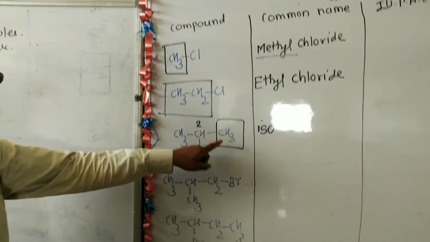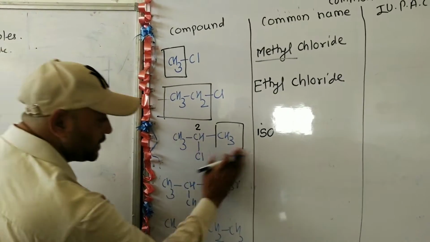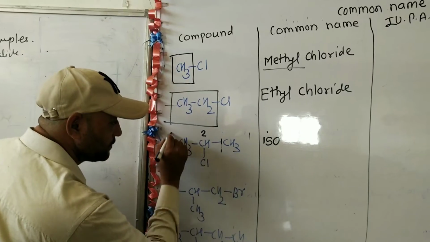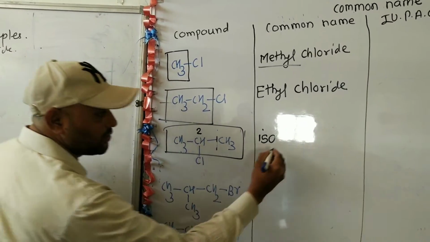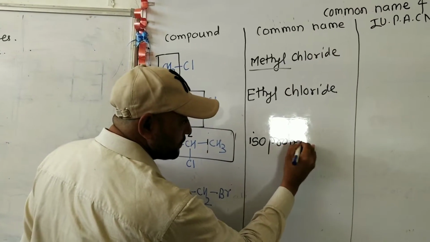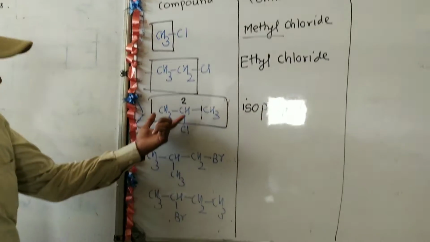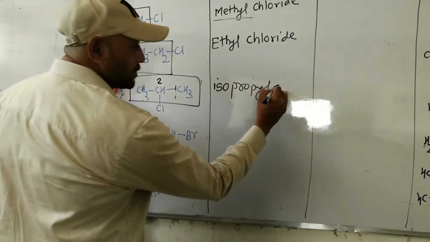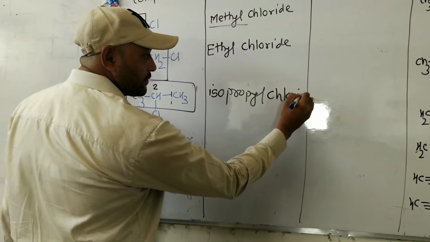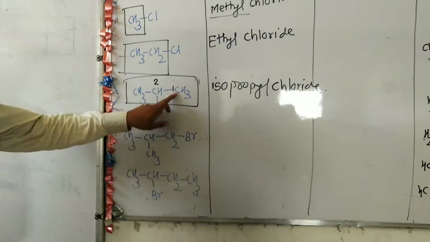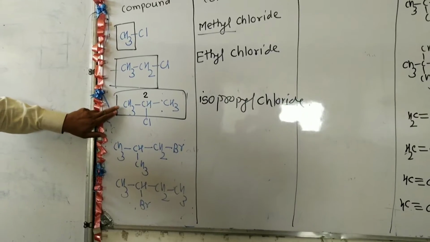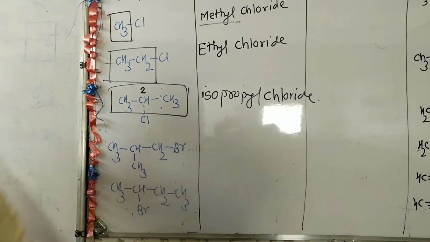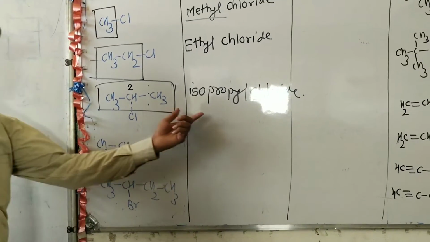And 3 carbon alkyl is called propyl. So this group is isopropyl, and in common name chlorine is called chloride. So the name of this compound is isopropyl chloride.